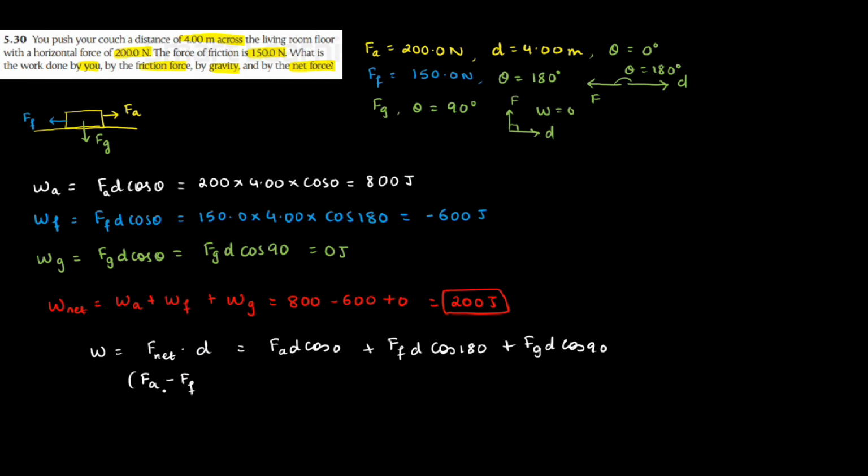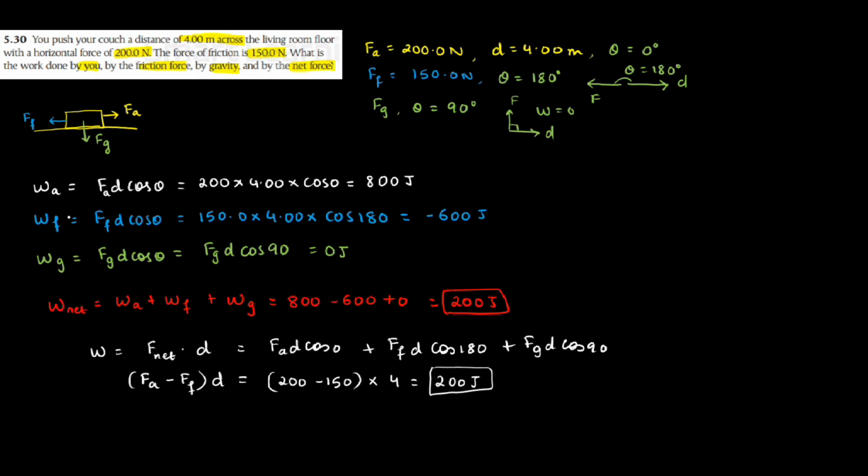We take only the forces along the x-axis for the moment. So you calculate the net force and multiply with d. When I put the value, I get 200 minus 150 into d, which is 4, and that will still give you 200 Joule. So you can use any method.